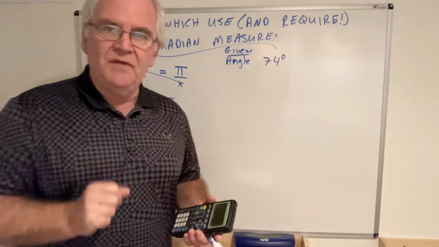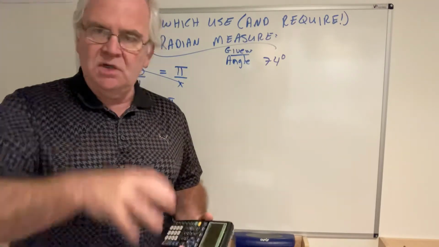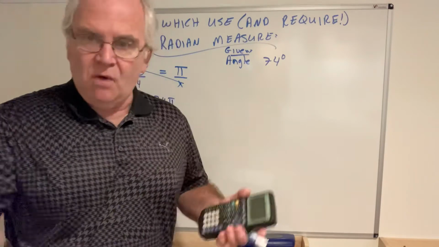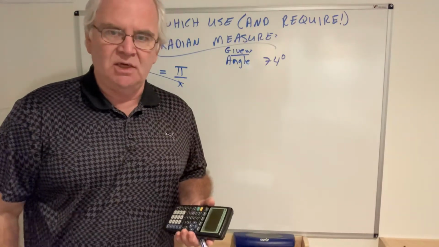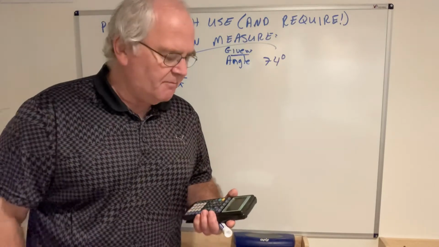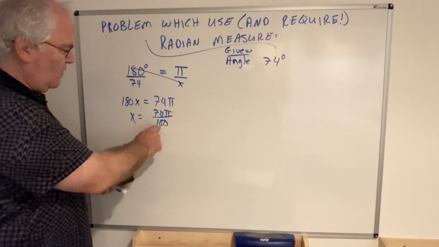There's this new thing called the internet. If you don't know how to make your machine give you pi, then go on the internet and ask, how do I make pi happen on my Casio, whatever number Casio calculator you have? In my particular case, I press second and up, and there's my 74 times pi. And then divide by 180.